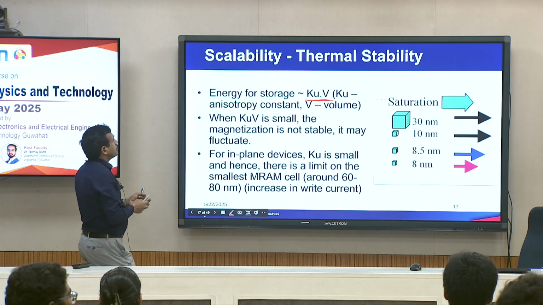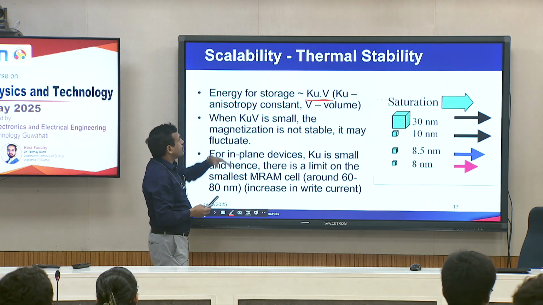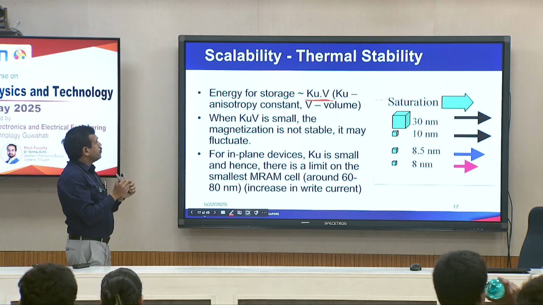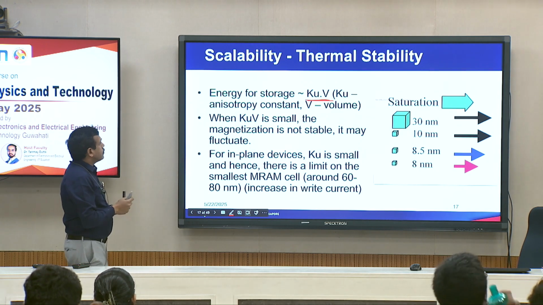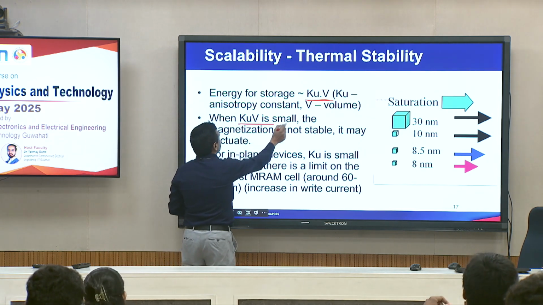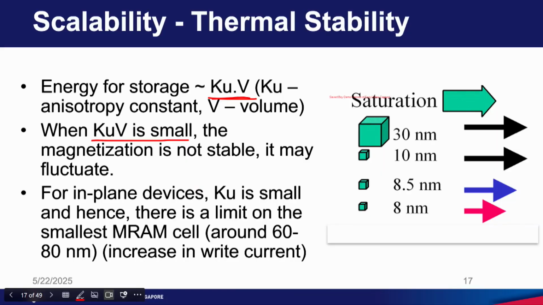So, that is the energy required for storing information, and if you make the volume of the entity that stores magnetization small, your KUV will be small, then the magnetization will not be stable. So, we learnt that the magnetization of the smaller units may flip as a function of time.